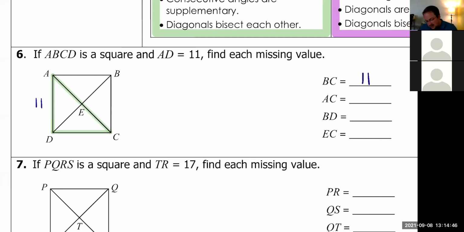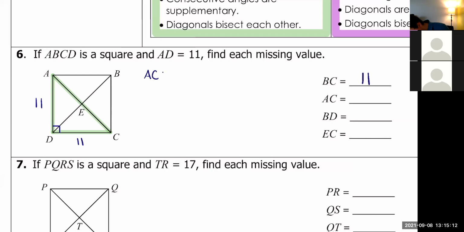And then if I apply a little bit more of what I know, since it is a square, DC is also 11. And because a square is technically a form of a rectangle, that means every corner is exactly 90 degrees. So I have a right triangle of which I know both legs. I'm looking for AC, which is the hypotenuse.